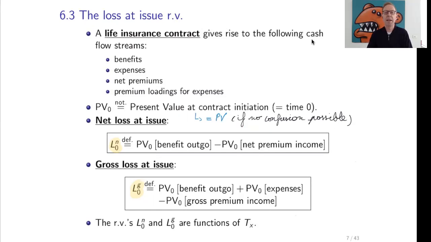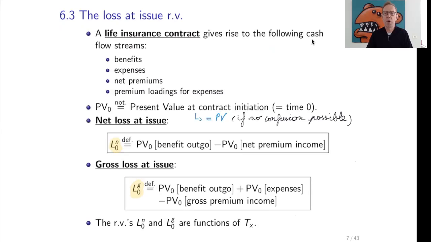Now we can define the net loss at issue. What is the net loss at issue? It's denoted by L0n. That's a random variable. And it is in fact the present value at time 0 of all the benefit outgo, all the benefits that are going to be paid, minus the present value at time 0 of all the premiums that will come in.